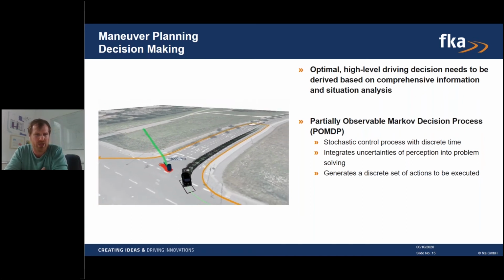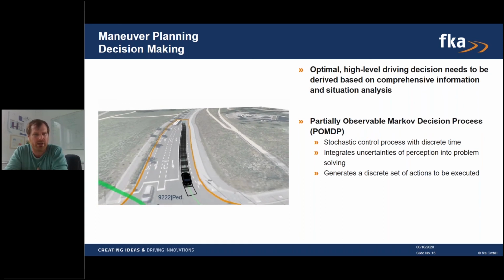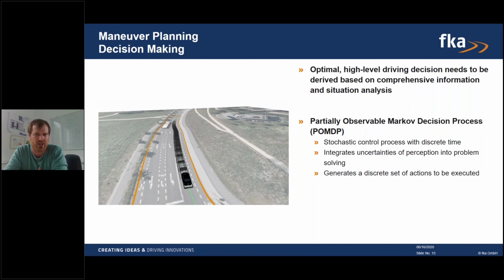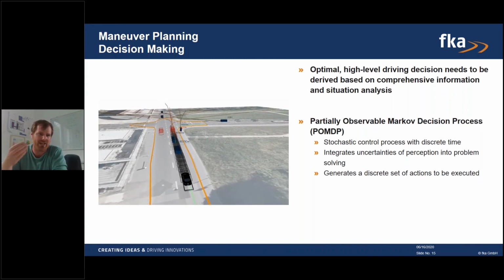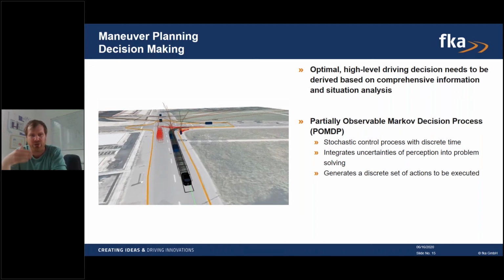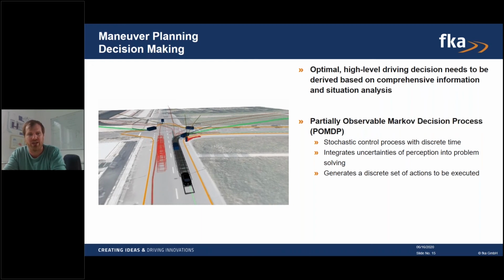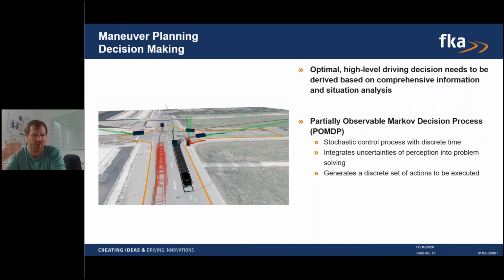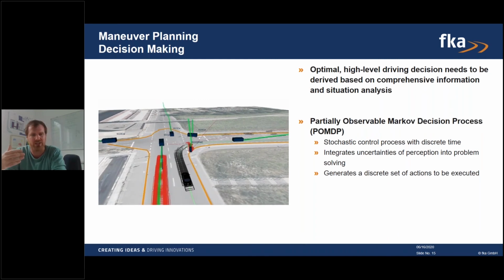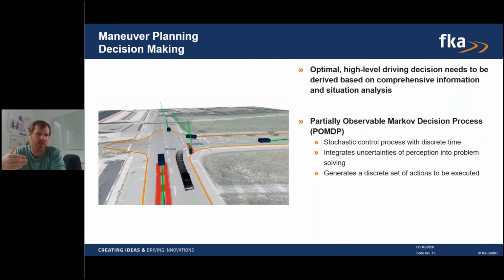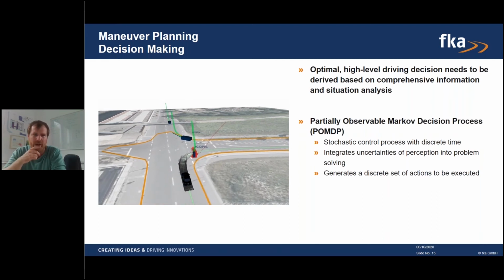The really nice thing about the partially observable Markov decision process is that you can integrate the uncertainties of the perception system into this. Based on all the uncertainties you've gathered over your process chain, it will generate a discrete set of actions which we want to execute. So it will basically generate a velocity profile. For example, here we want to give the pedestrian the right of way at a right turn.